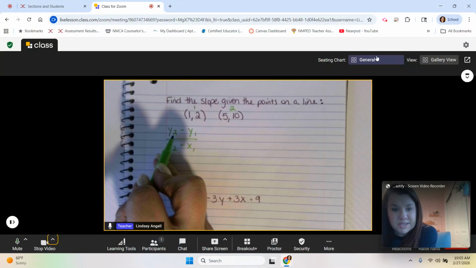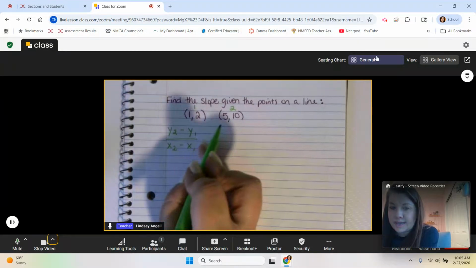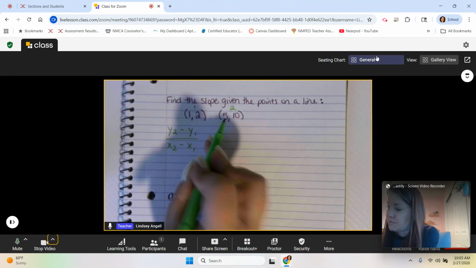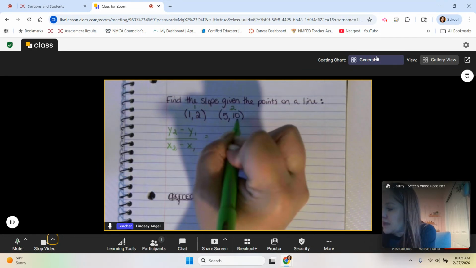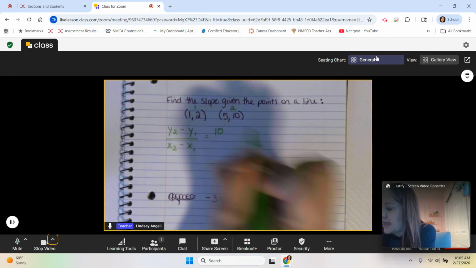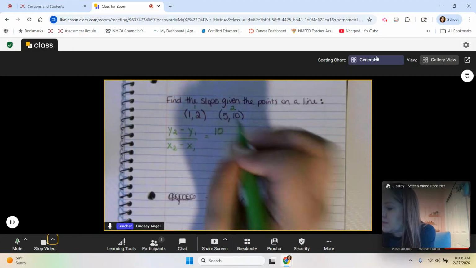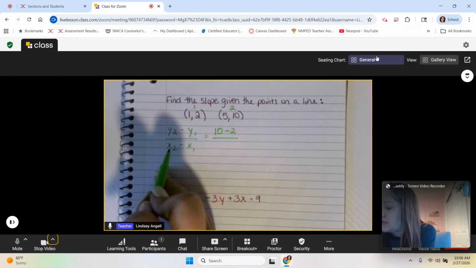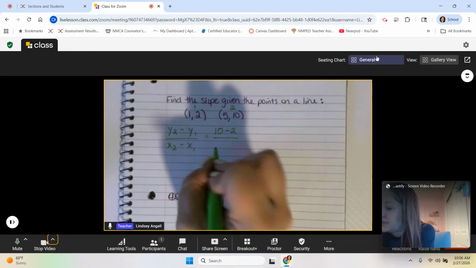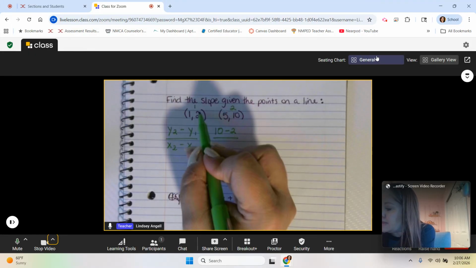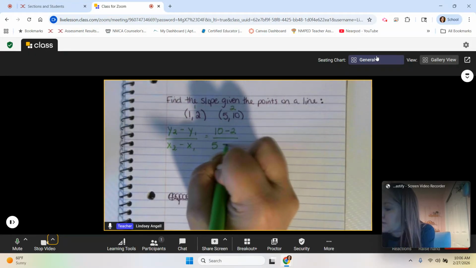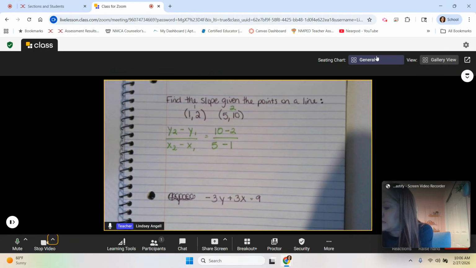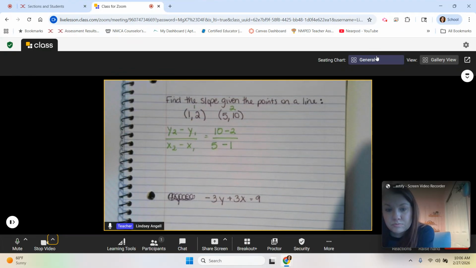So this being said, what I would do is I would say, okay, from my second point, my y value is 10. On the first point, my y value is 2, so I have 10 minus 2 over, and then the x value from my second point is 5, and then subtracting my x value from my first point is 1, okay?